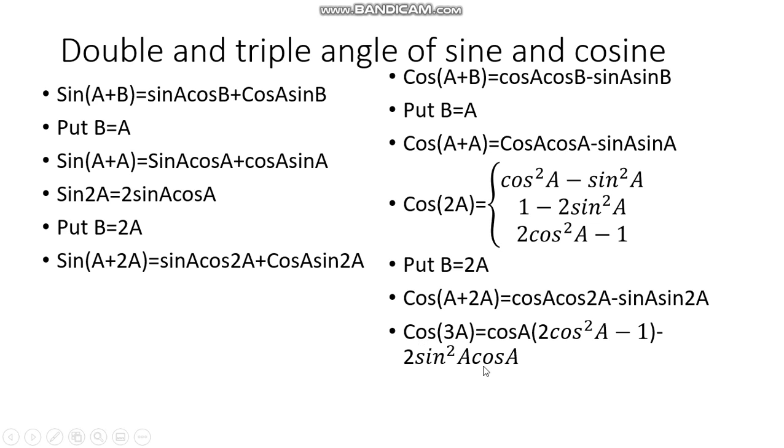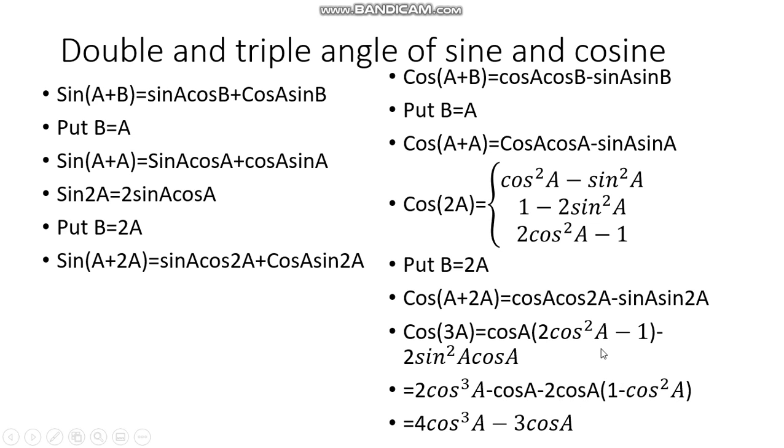Now we have to convert every term into cos, so sin² a will become 1 − cos² a. So finally, you will get 2 cos³ a, minus of minus plus 2 cos³ a in the last term. So altogether 4 cos³ a − 3 cos a. So the cos 3a formula is 4 cos³ a − 3 cos a.